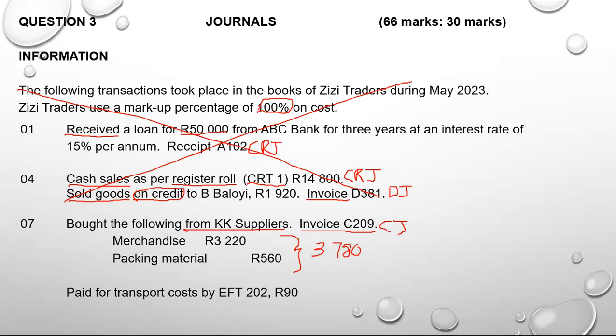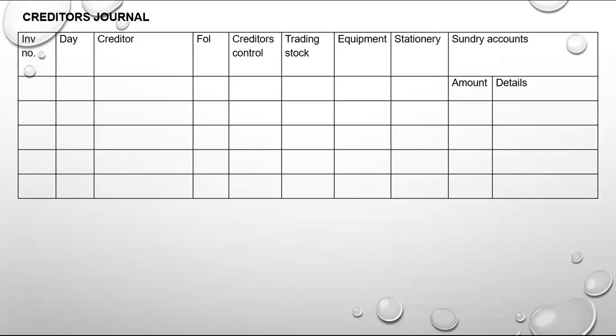So when I record this in my CJ, which is my creditors journal, I will write the document number, which is C209. The day will be the 7th. And the creditor was KK Suppliers. Under creditors, I will write the total amount that I bought the goods for, which is 3,780.